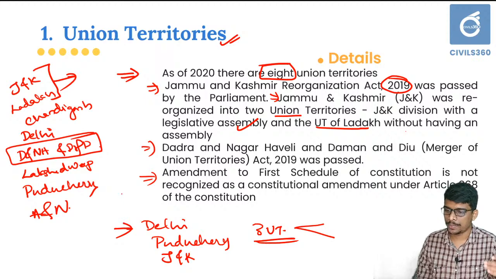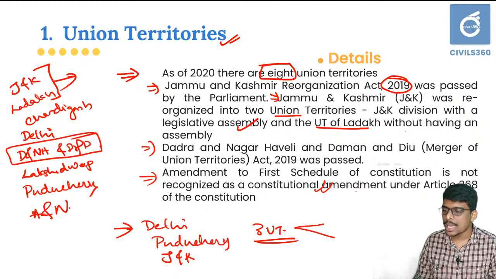All amendments related to the First Schedule of the Constitution are not recognized as a constitutional amendment under Article 368, so Parliament can make, amend or create new union territories with this. It is not considered a constitutional amendment under Article 368. So you should also understand that.